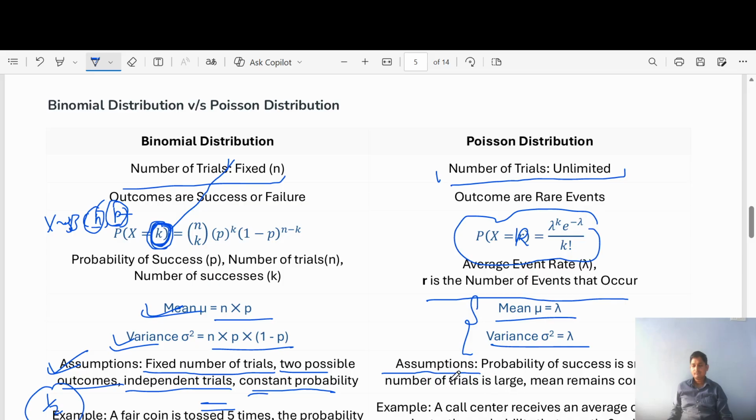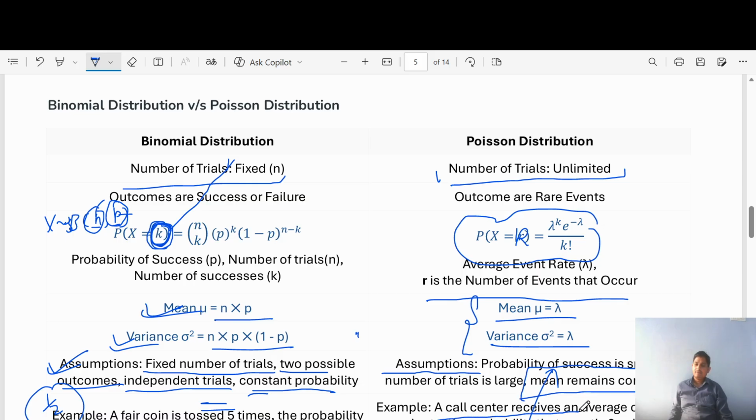If n is equal to 100 and p is equal to 0.1, this is also a criterion for applying the Poisson distribution. The value of n is large and the value of p is very small, and the mean remains constant, meaning the average rate of an event happening is constant.